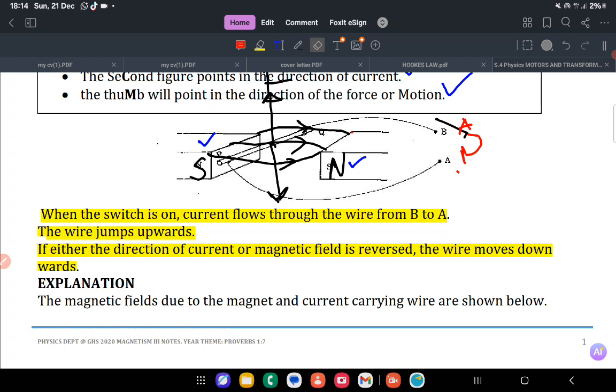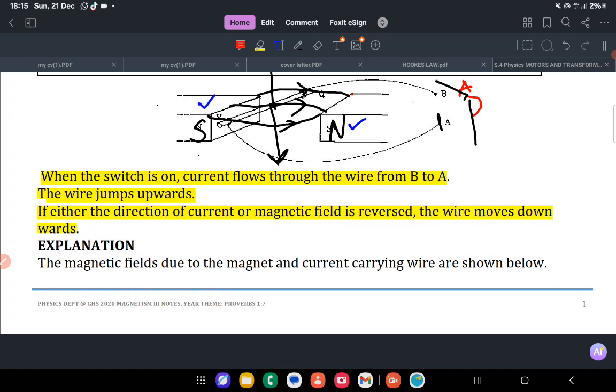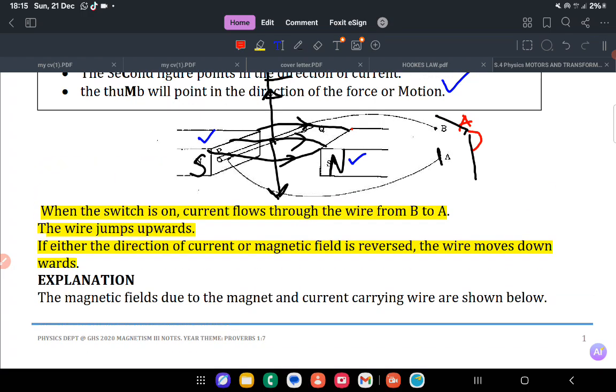Let's suppose that instead of having negative here, we have a positive terminal at the end. The wire is also going to change direction. Take note of these points, because your examiners will give you scenarios for you to explain.